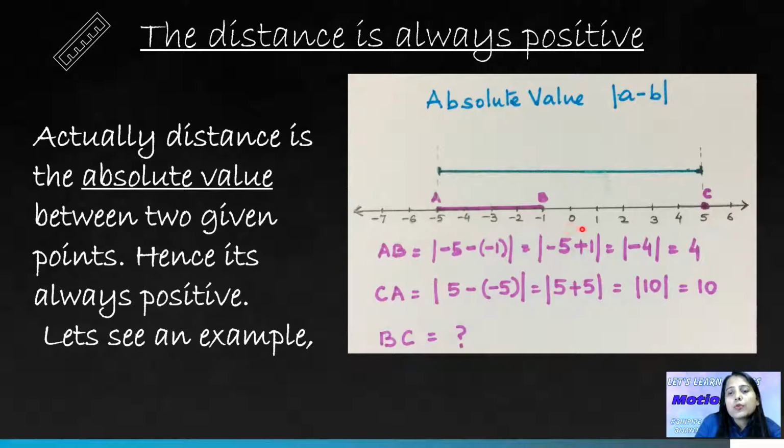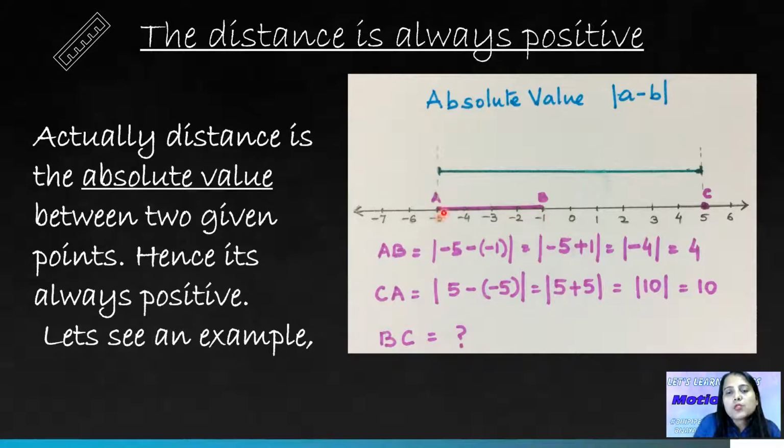From the center 0 to the right-hand side we have 1, 2, 3, 4, 5, 6, and on the left side we have -1, -2, -3, and so on. Now suppose we consider two points, point A and B. Point A is at -5 and point B is at -1.